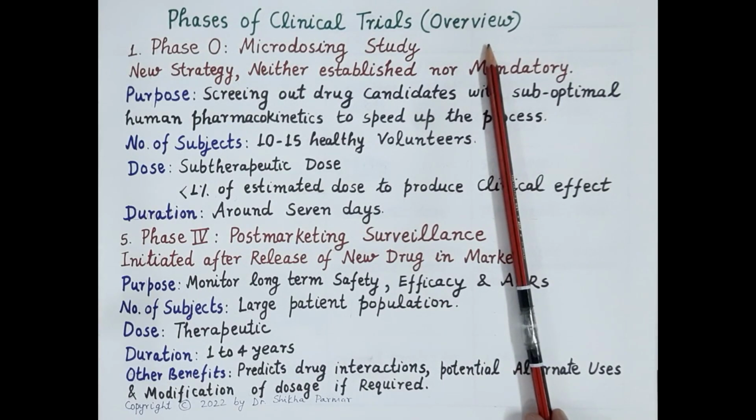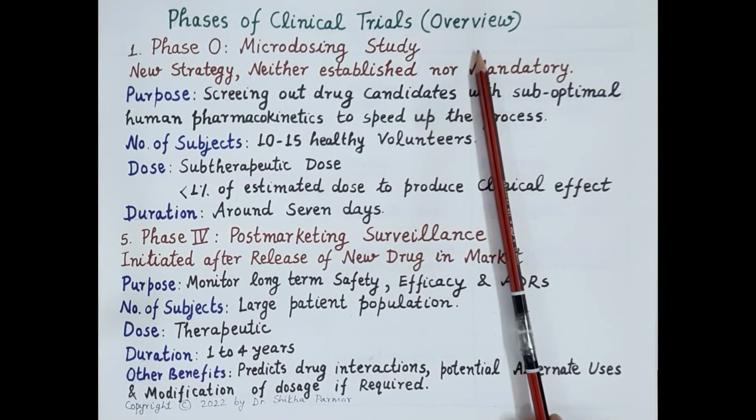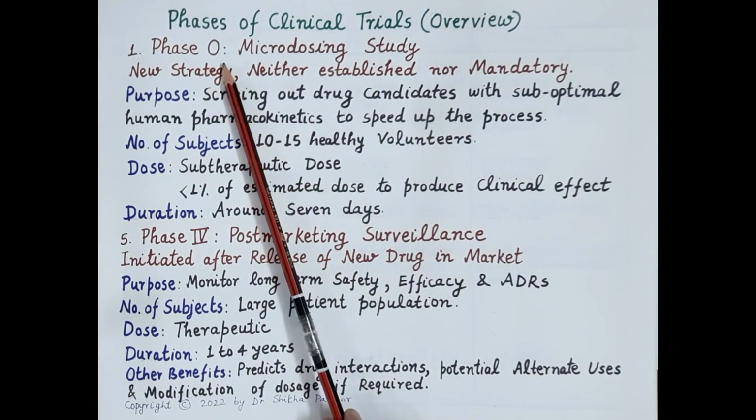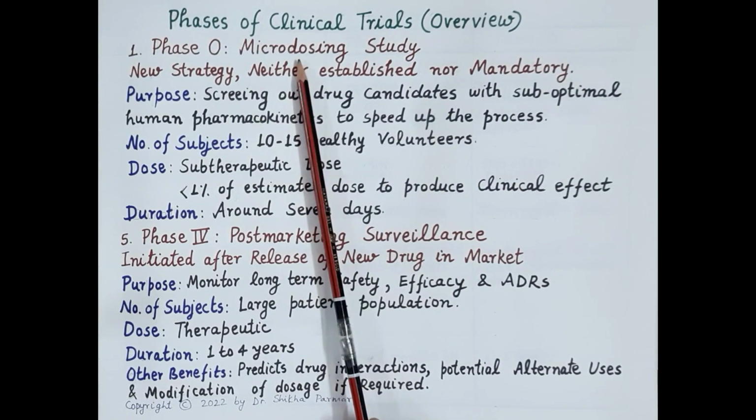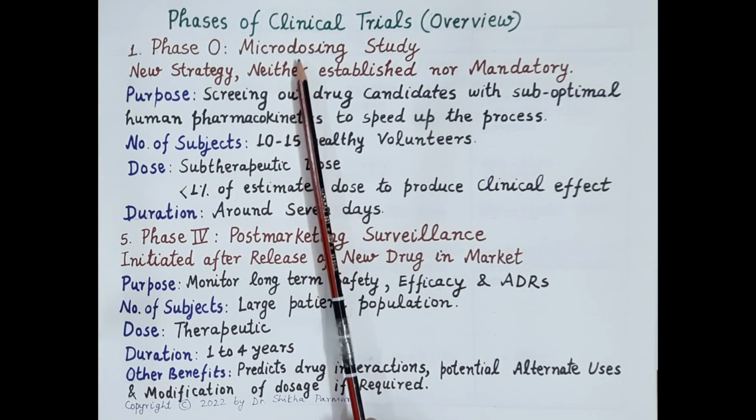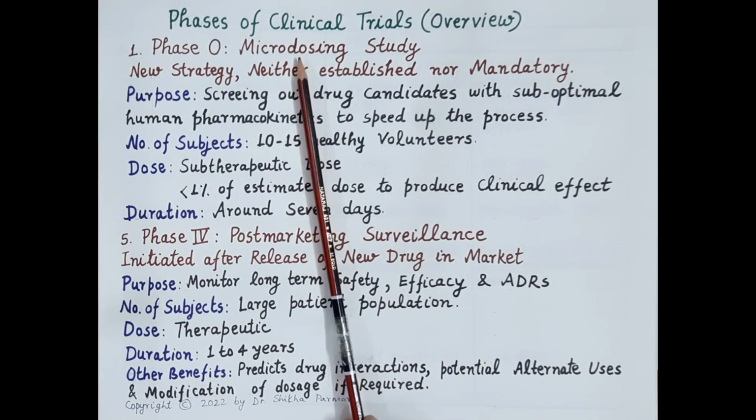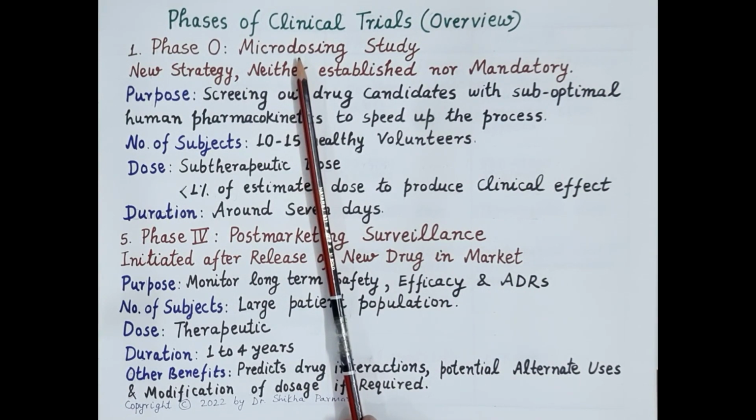And now let's discuss all the phases of clinical trials one by one. First is phase 0. It's also called microdosing study, as micro doses of the drug are administered in human volunteers and pharmacokinetic parameters are studied. Now, phase 0 is a new concept.